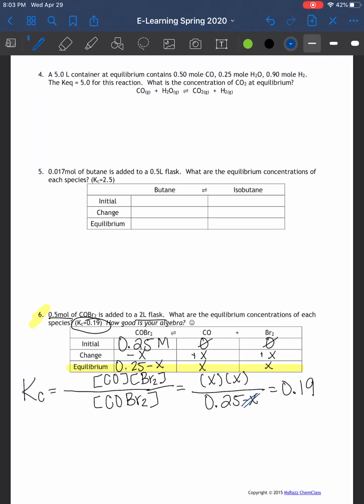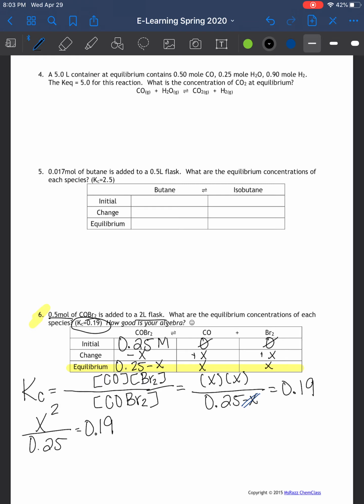So I'm just going to take off that x. So it is just going to be x times x, which is x squared, divided by 0.25 is equal to 0.19. So this is a much easier equation to calculate. No need to use the quadratic formula here.